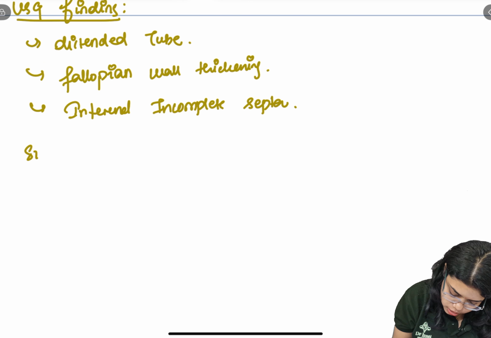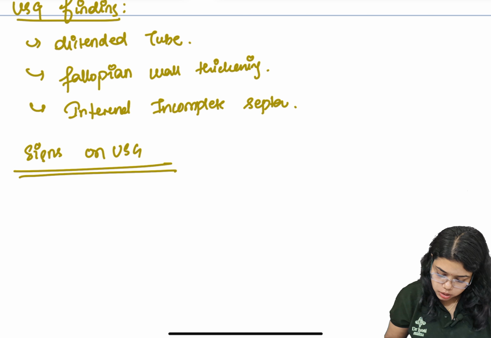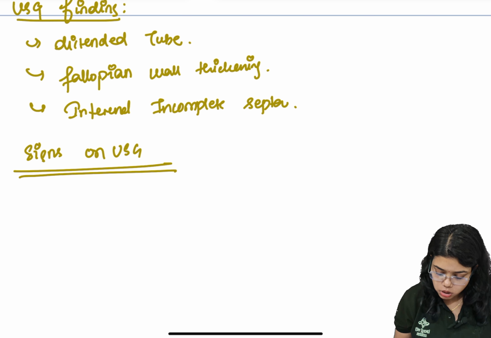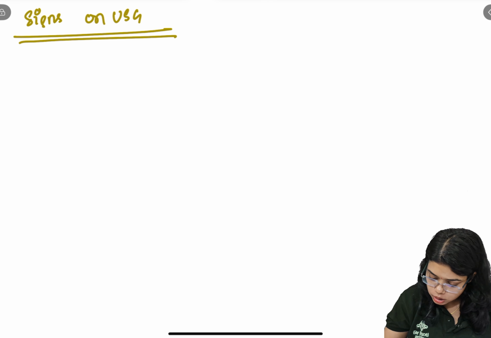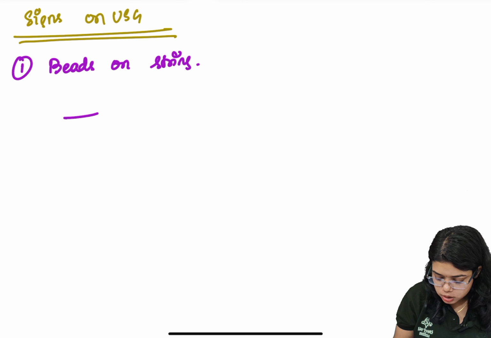So what are the signs on ultrasound? We see a distinct sign, that is the beads on string sign or the cogwheel appearance. This one is the fallopian tube.